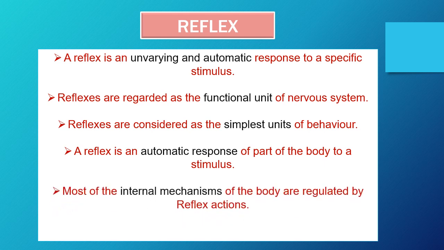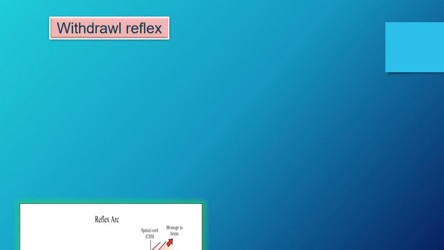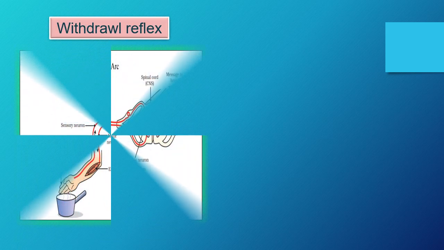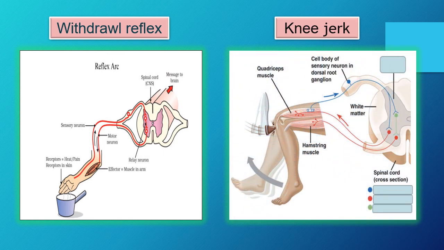Most of the internal mechanisms of the body are regulated by reflex actions. Many responses to external stimuli are also reflex actions. In this diagram, there are two types of reflexes, withdrawal reflex and knee jerk reflex.